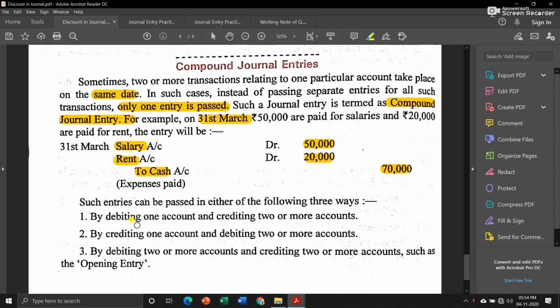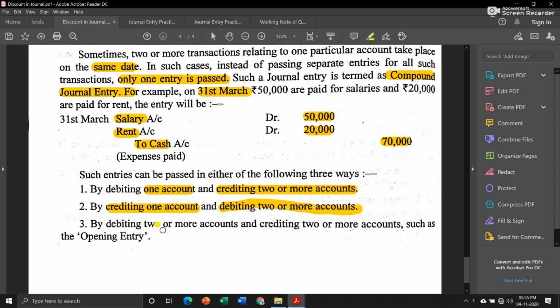Now you can pass these compound journal entries in 3 ways: by debiting 2 or more accounts and crediting 1 account, which is what we did in this example; by debiting only 1 account and crediting 2 or more accounts; or by debiting 2 or more accounts and crediting 2 or more accounts.